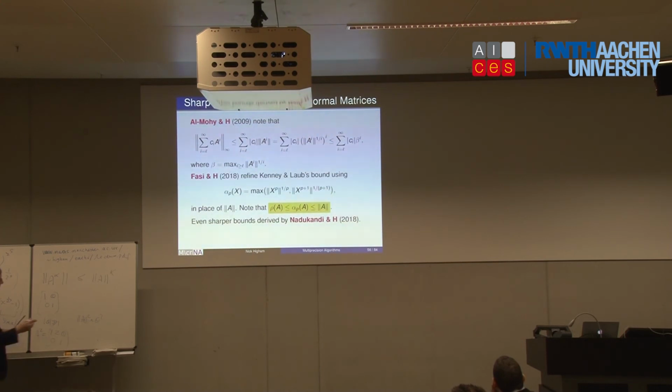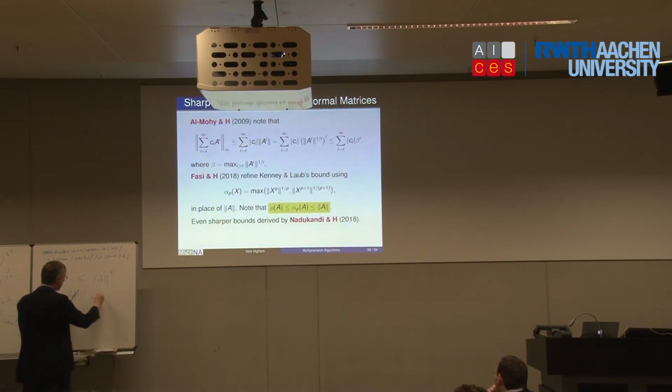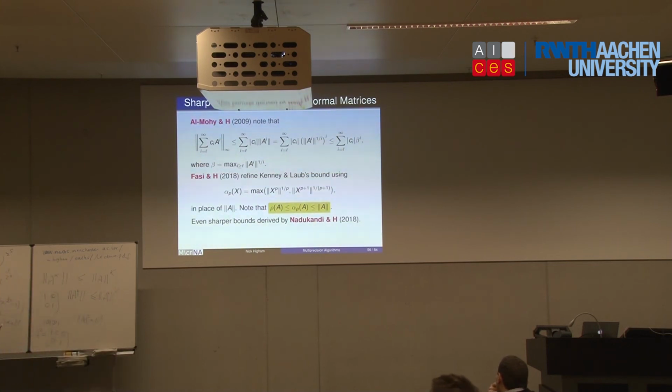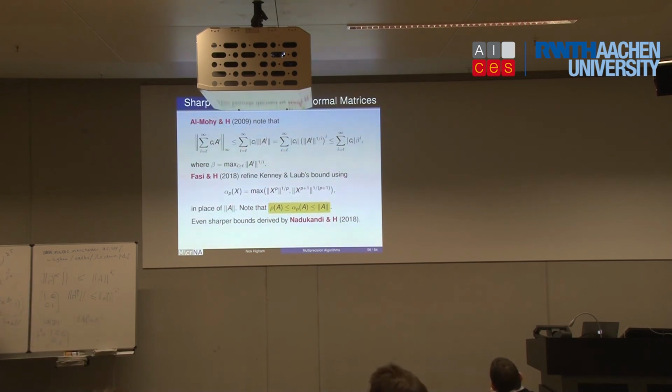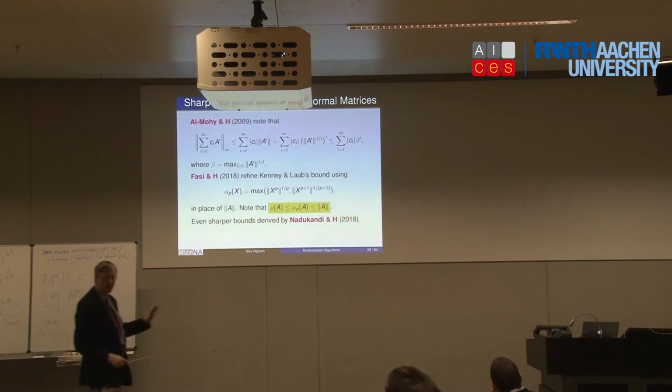For example, if I had to bound the norm of A to the 4, I could bound that as norm of A squared, all squared. So if I compute this, then this could be a much better bound than just norm A to the power 4. Norm of A to the power 12, I could bound as A to the 4 and A to the 3.